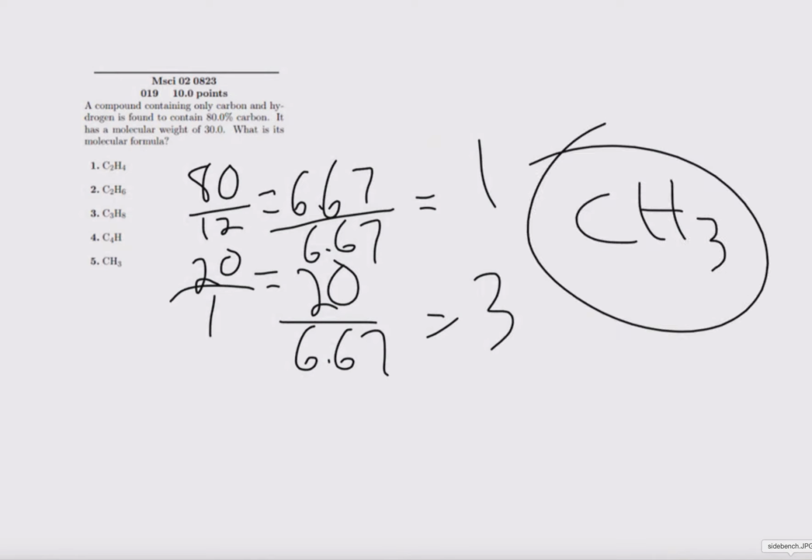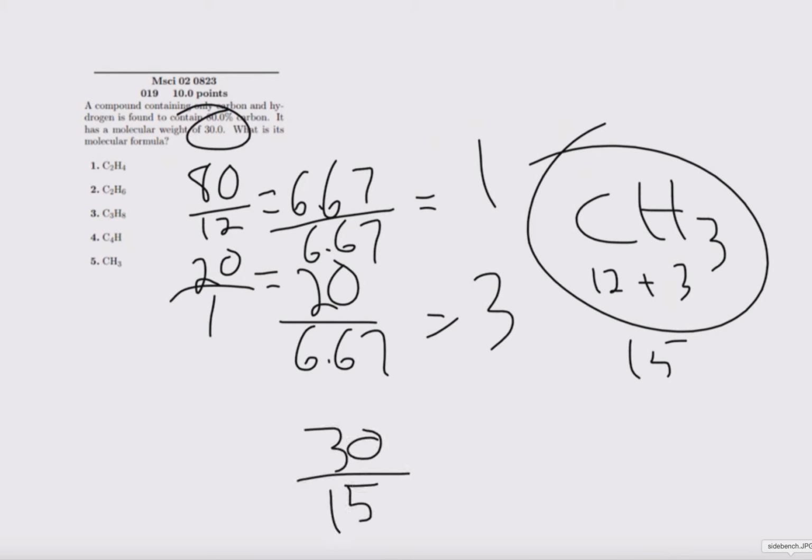Well, if the formula was CH3, then the mass should be 12 plus 3, which is 15. The mass is not 15, it's 30. So that means that the molecular formula is twice as big as the empirical formula. If the empirical formula is CH3 and the molecular formula is twice as big, it would be C2H6.